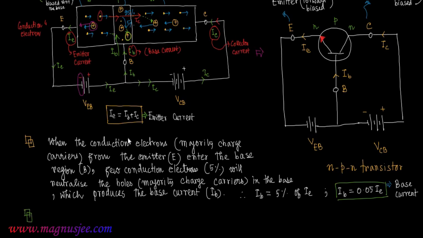Similarly, in what way is collector current produced? What fraction of emitter current enters the collector? Obviously, 0.95 times or 95% of conduction electrons enter the collector and recombine, producing collector current.